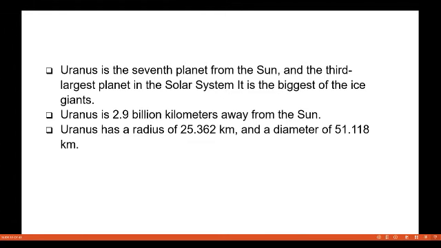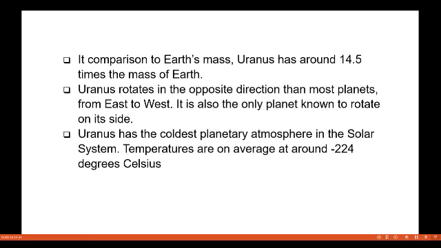Uranus is 2.9 billion kilometers away from the Sun. It has a radius of 25,362 kilometers and a diameter of 51,118 kilometers. In comparison with Earth, its mass is 14.5 times that of the Earth.